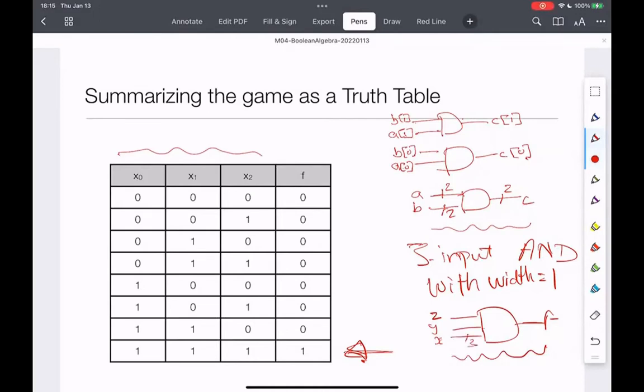Then that means I really have 3 AND gates. One operating on X0, Y0, Z0 and producing F0.